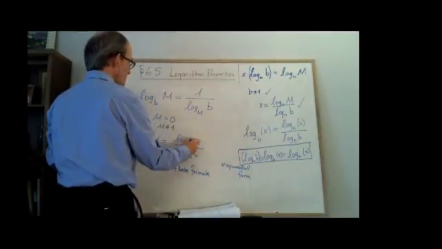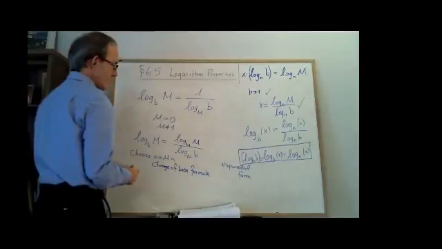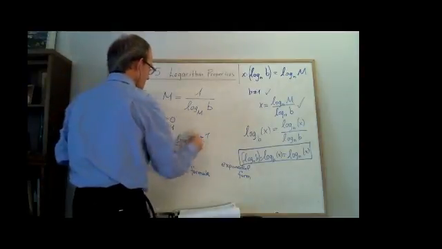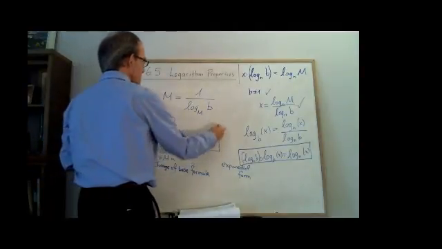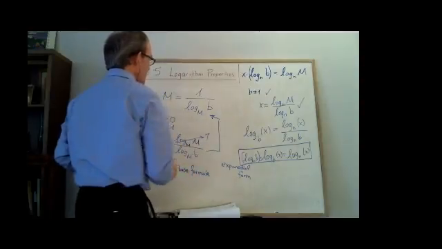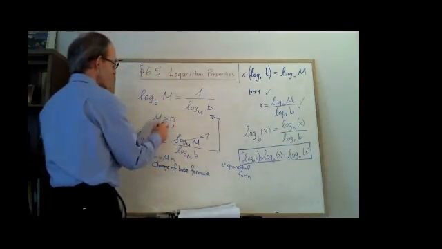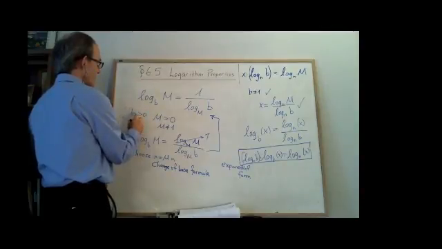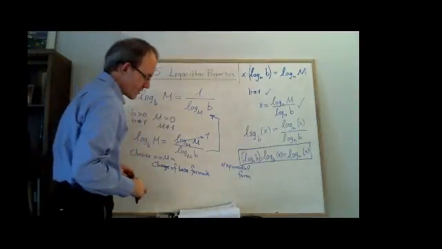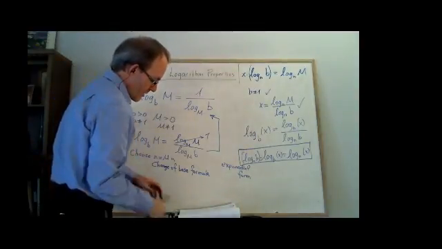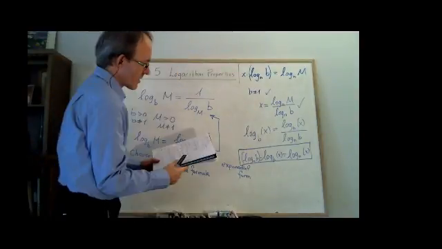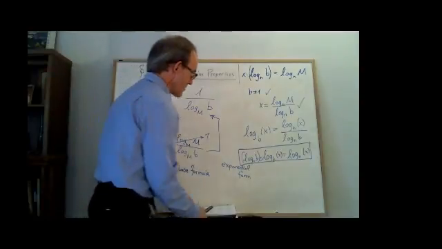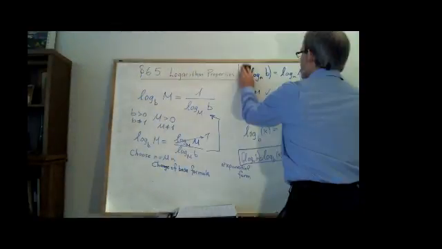But the log base m of m is always 1. And hence I get this expression. So that verifies the expression, with b greater than 0 and not equal to 1. All right, so let's use both of these formulas in some examples here.